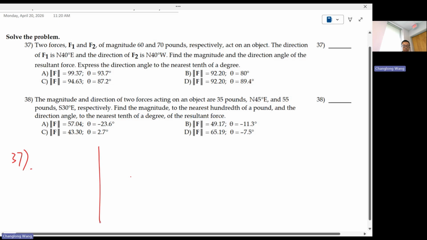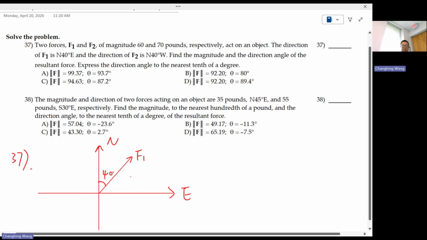So let's make sure that we can visualize what those two vectors are, so we're ready to get their components or the rectangular forms. So this is north, that's east. I have a vector F1 with a magnitude of 60, and the direction is the bearing north 40 east. So this is what the direction looks like, right? Let's say this is F1.